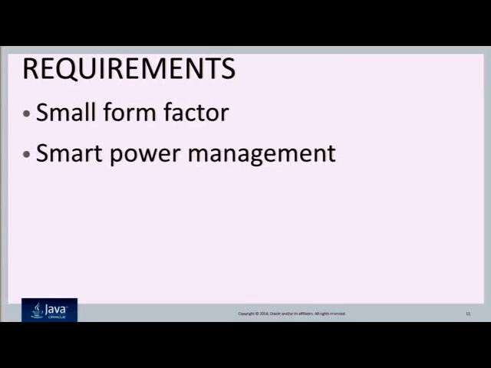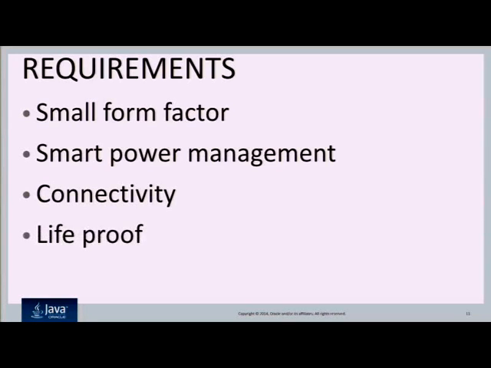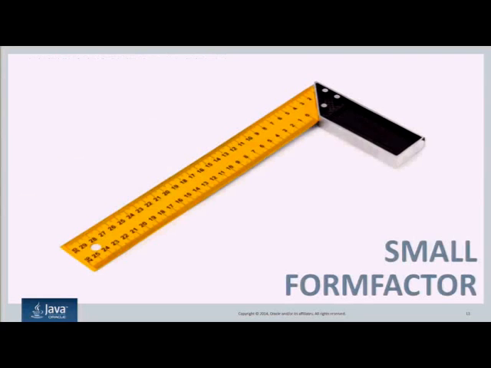Then smart power management, which is even more important, and there's a relationship between those two points, because if you have a small form factor and you don't have smart power management, it means you need a big battery to keep it running, and that is against the small form factor, right? So then there's connectivity, which is also very important, and a point like life proof. Life proof, this is fascinating. I will explain shortly what these things mean.